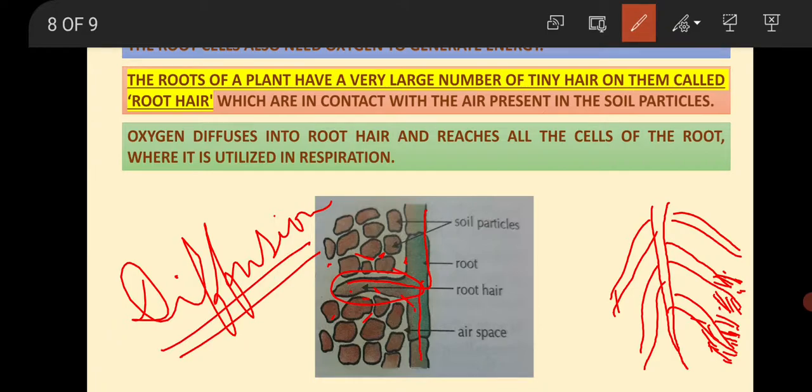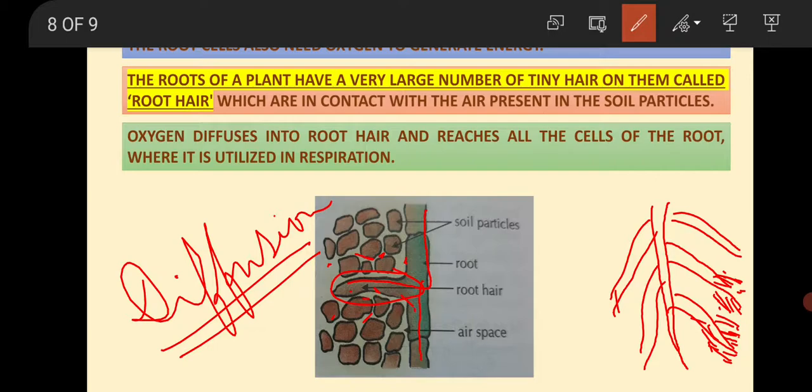is used to take in oxygen from the air in soil particles. That means in between the soil particles the air is present, so from there oxygen is taken by the root hair by the process of diffusion, and then it distributes that oxygen to each and every cell of the root.